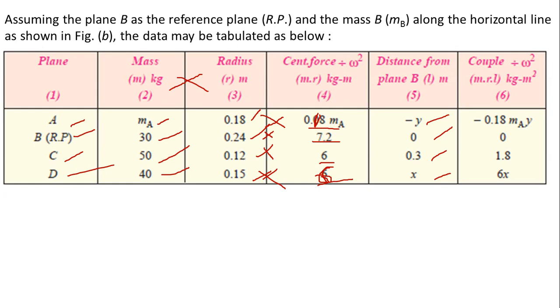Finally we will be getting couple with m into r into L. So multiply the 4th and 5th columns now.